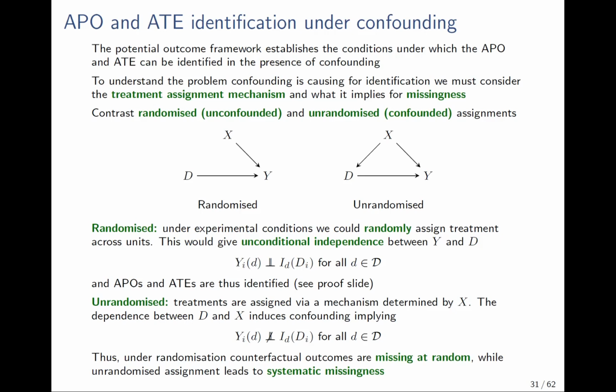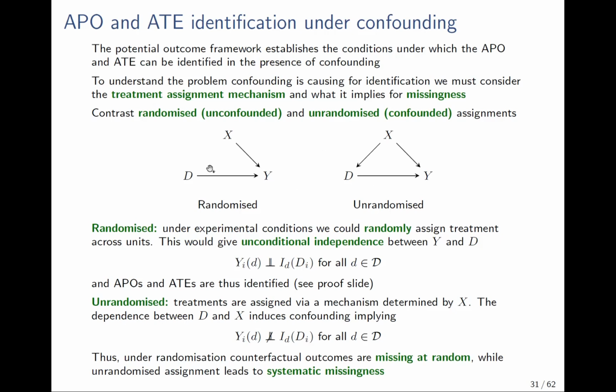So under randomization then, any unit in the sample is just as likely as any other to receive a particular level of the treatment, and that means that there's no common factor, there's no backdoor path that allows us to get from D to Y, and that is why unconditional independence holds.